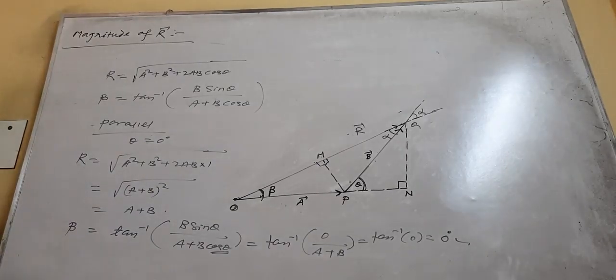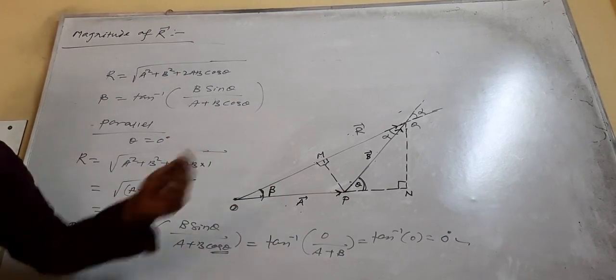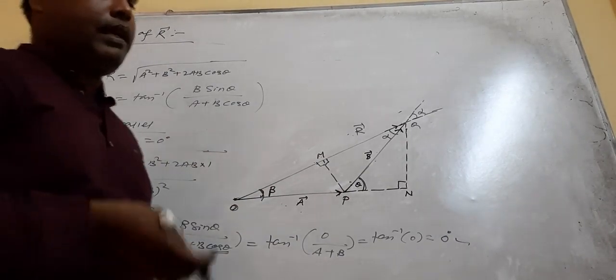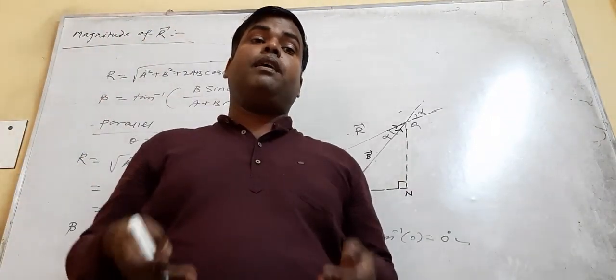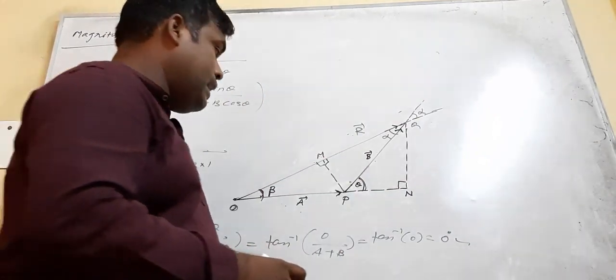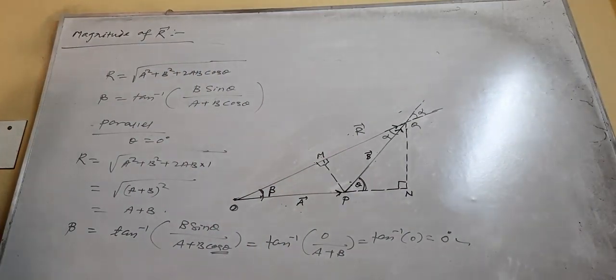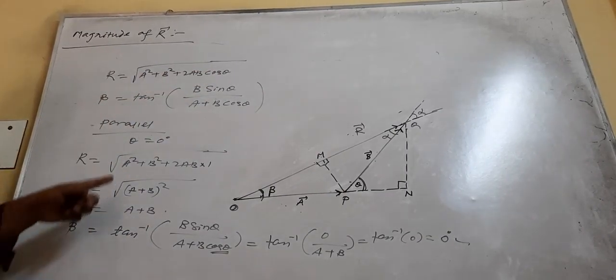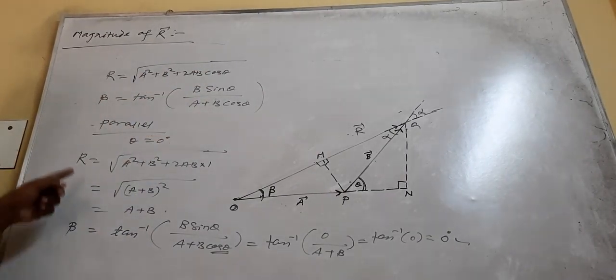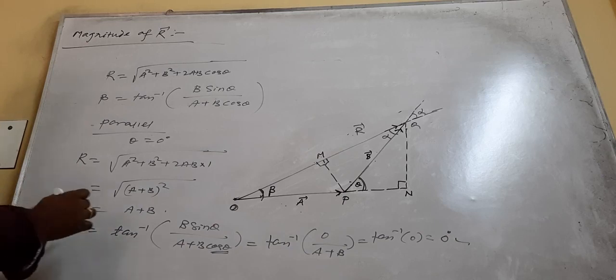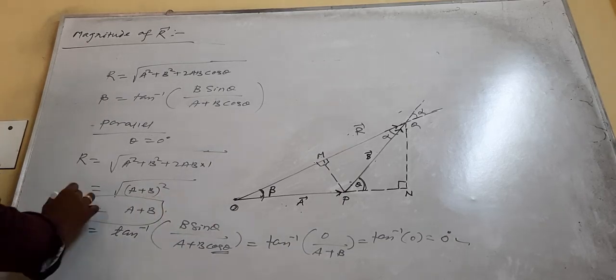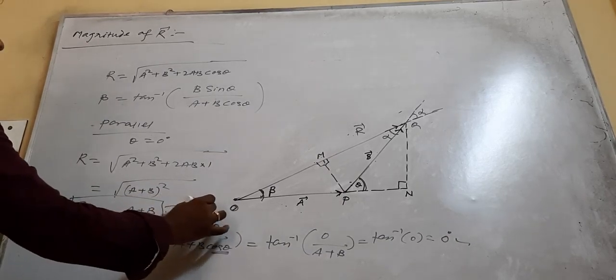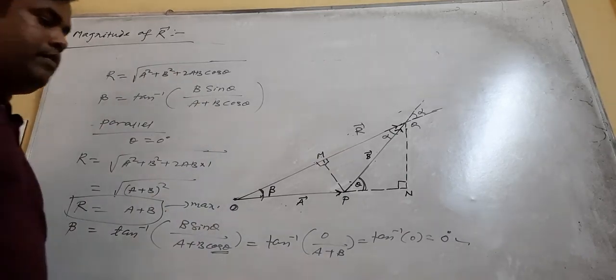That means the resultant vector makes an angle beta of 0 degree with the a vector, which is the direction of the given vectors. And you remember, the maximum value of cos theta is 1 when theta is 0 degree, then R is a plus b. So it is the maximum value of the resultant vector.